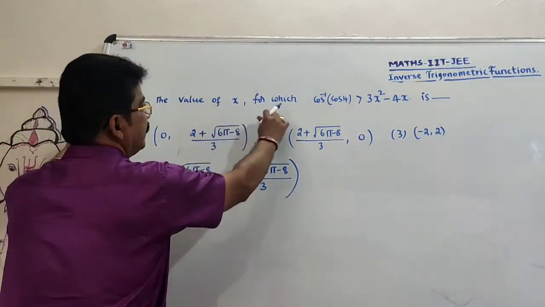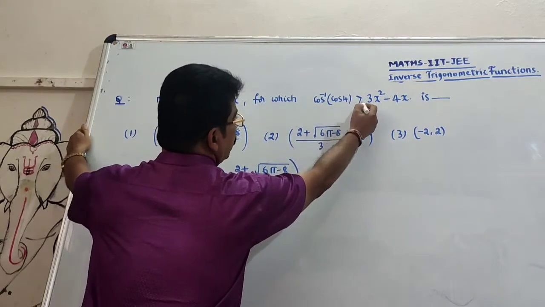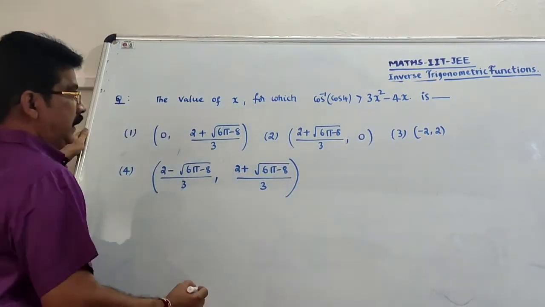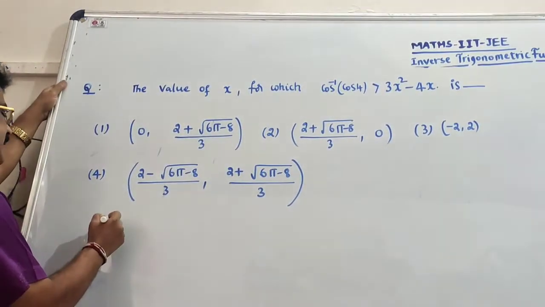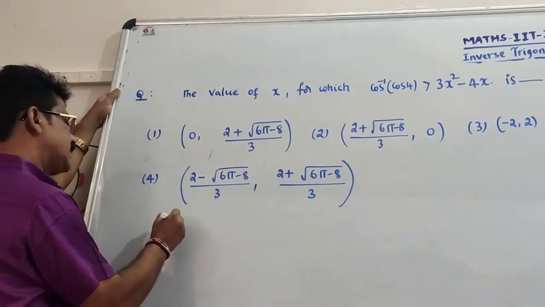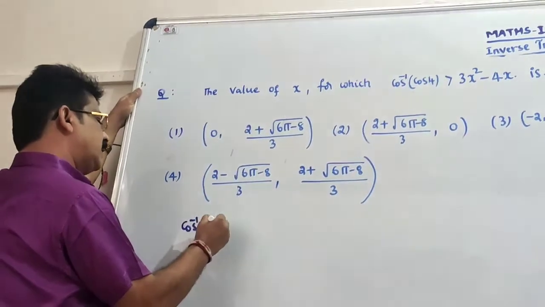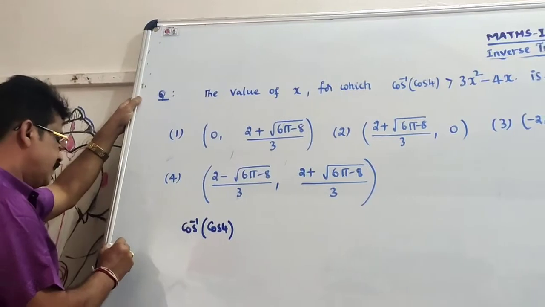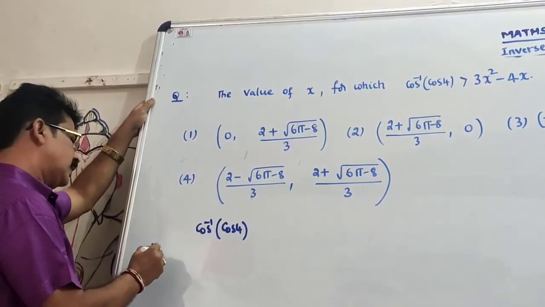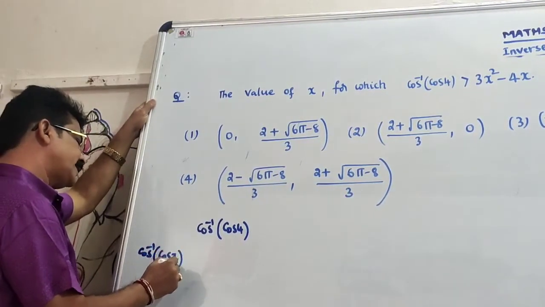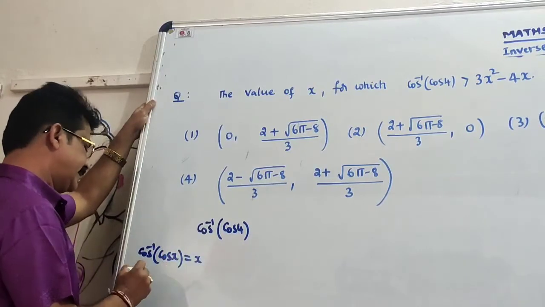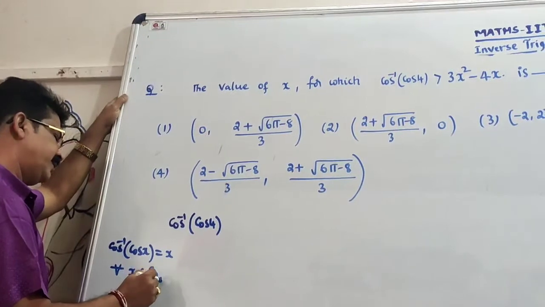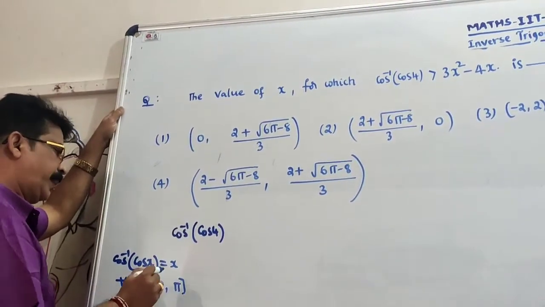The value of x for which cos inverse of cos 4 is greater than 3x square minus 4x. Here first we discuss the value of cos inverse of cos 4. Actually cos inverse of cos x is equal to x for all x belonging to the closed interval of 0 comma pi.